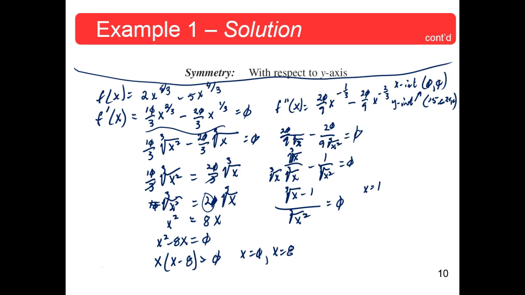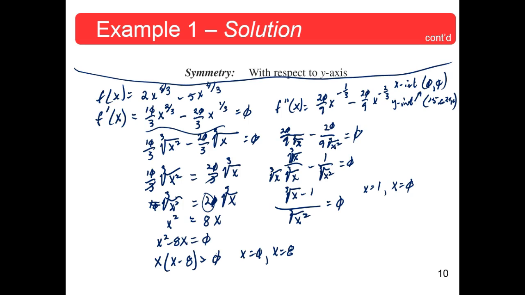And when is either the cube root of x or the cube root of x squared equal to 0? When x is equal to 0. Yeah, for sure. So there's another possibility where x is equal to 0. This one is where your second derivative is 0, and where your second derivative is undefined is where x equals 0. So we have two potential points of inflection.